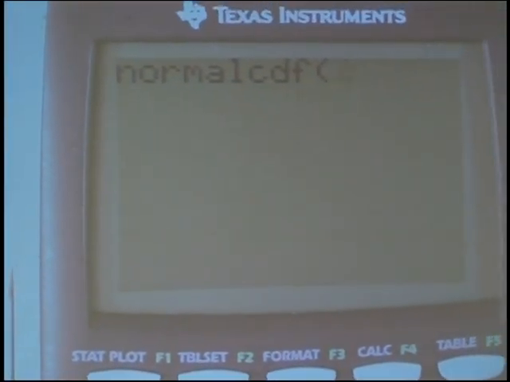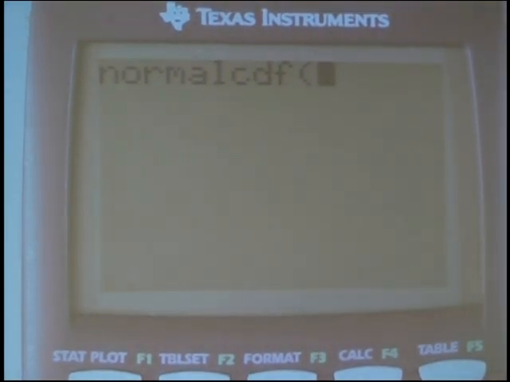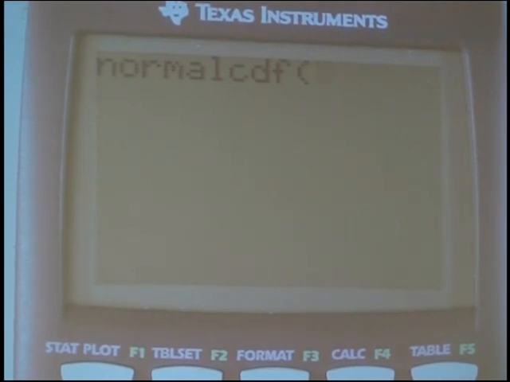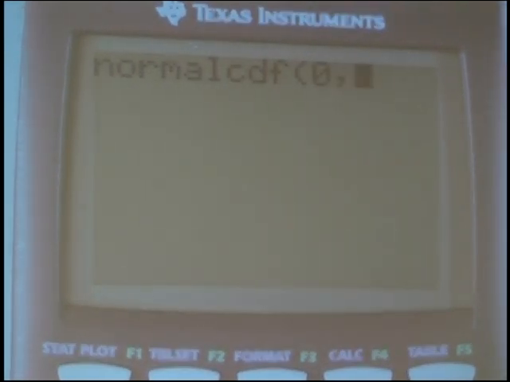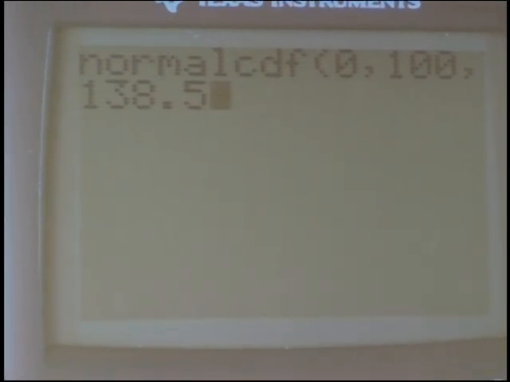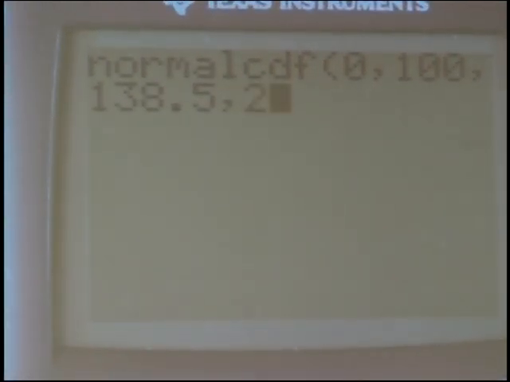We need a lower bound. How about 0? Easy. Upper bound, 100. Mean. Is that right? Standard deviation.